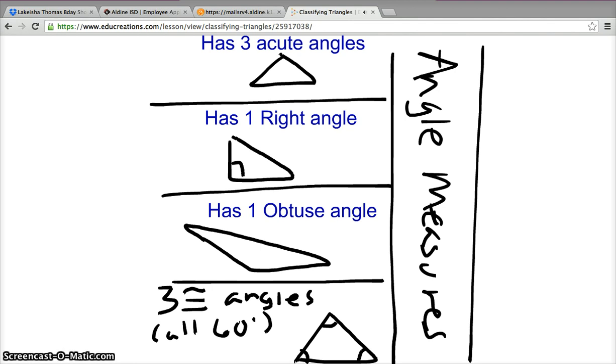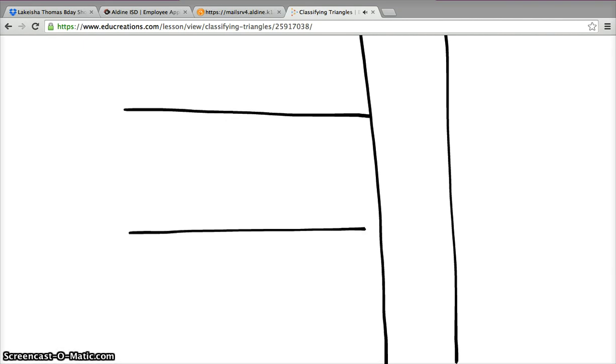Alright, on the other foldable, is just three flaps on this one. And this time we're going to classify the triangle based on side lengths.